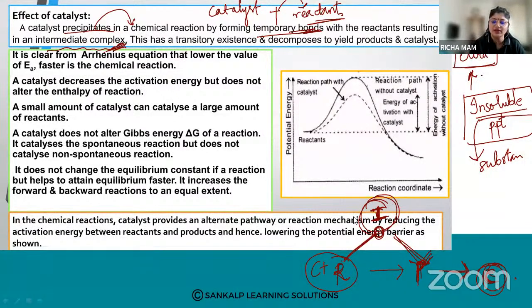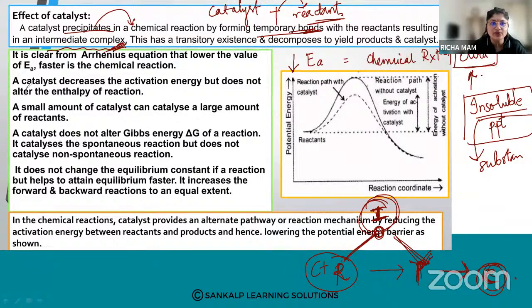So when we are discussing the Arrhenius equation, the lower the activation energy, the faster the chemical reaction will be.